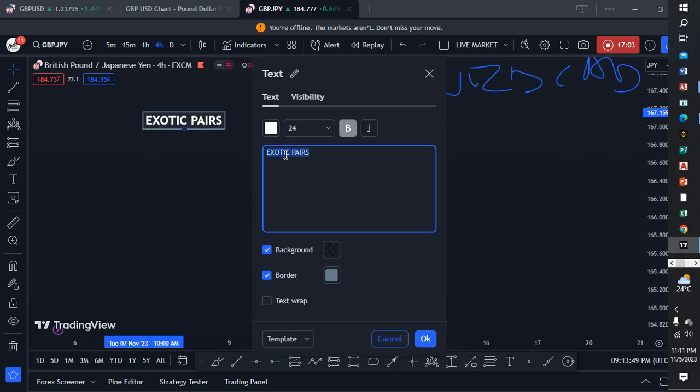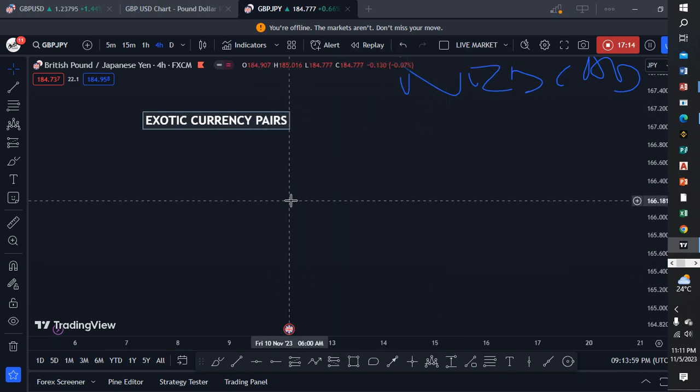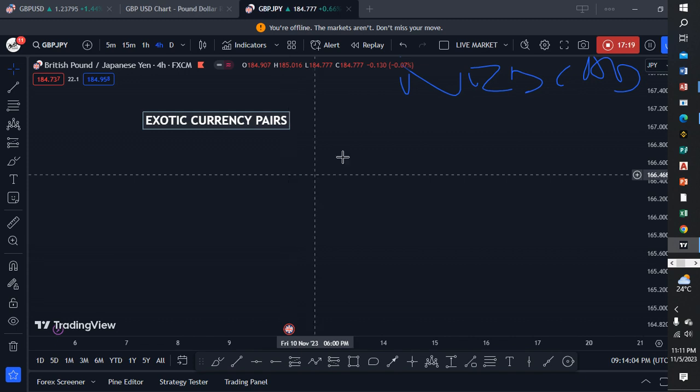Let me write it here so that you don't forget. Exotic currency pairs are not exotic belly dancers who happen to be twins.